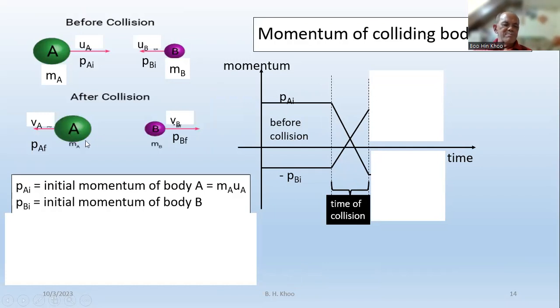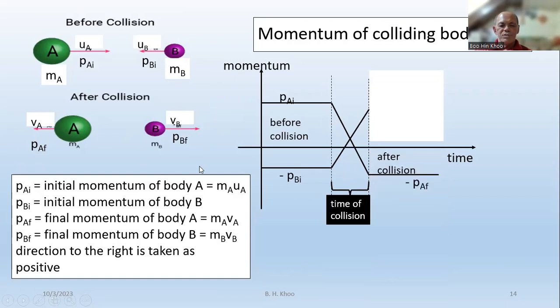We are looking at the same picture as the previous case. This is momentum after collision, for sphere A, and for sphere B, this is VB. So you should be able to draw that one is negative, so it's going negative. That one is positive.